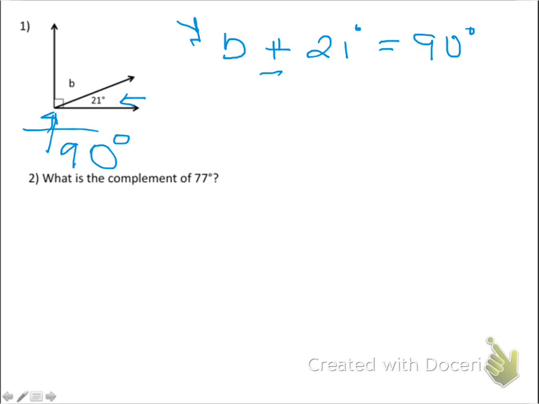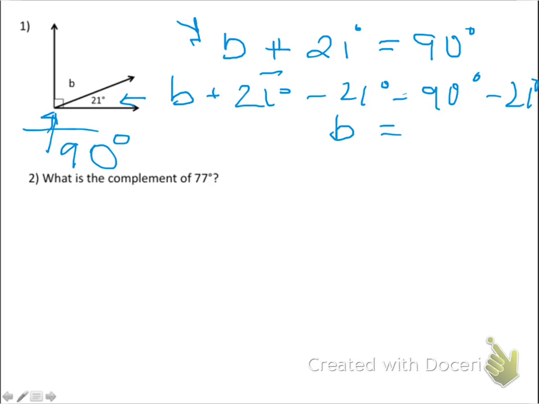We're going to subtract 21 degrees from both sides, so that we have B plus 21 degrees minus 21 degrees is equal to 90 degrees minus 21 degrees. So then we get B is equal to 90 minus 21 degrees.